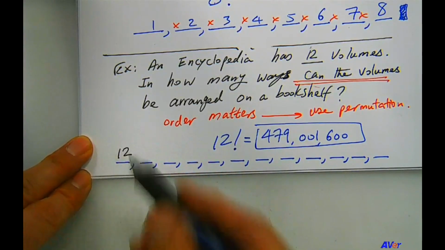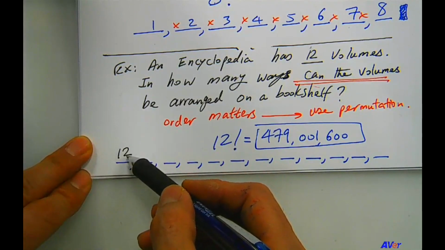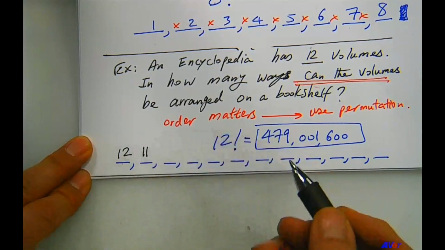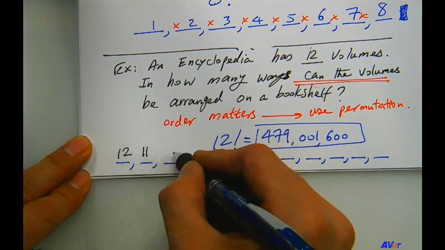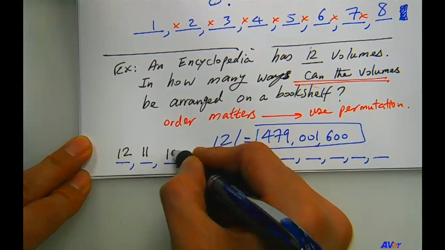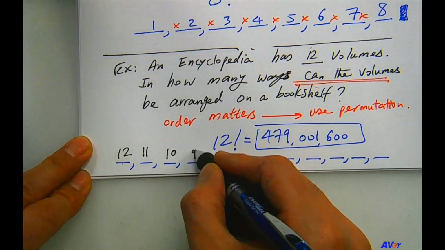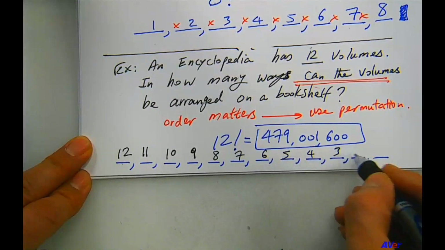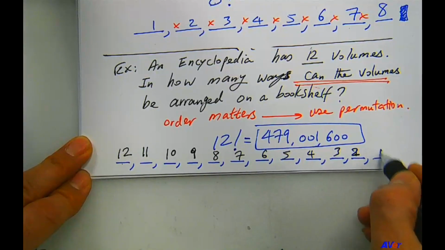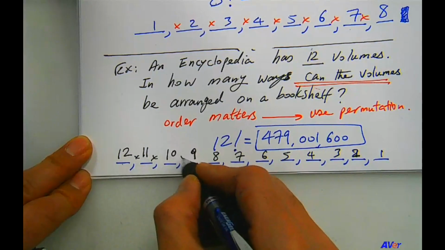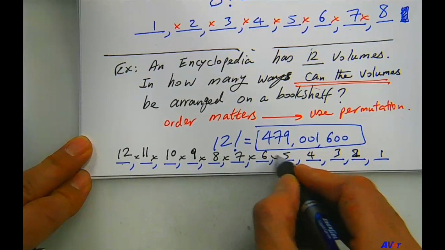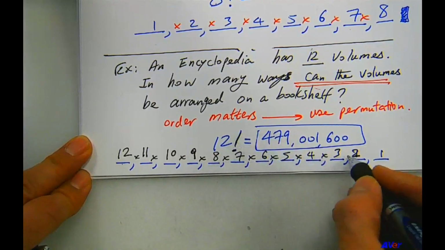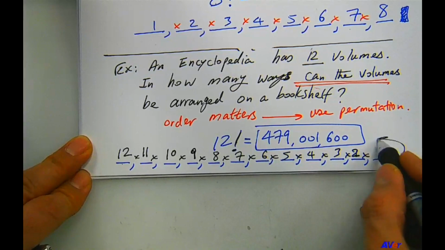Well, 12. Once you pick one of those volumes and that volume ends up here, then you have 11 choices left for this spot. After you pick the book for that spot, you have 10 choices left for this one, and so on. So you have 9, 8, 7, 6, 5, 4, 3, 2, 1, which would be the all permutations. It would be basically 12 factorial, which we have here. So that's that.